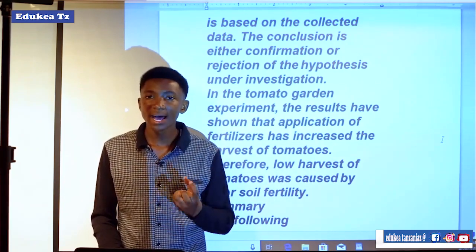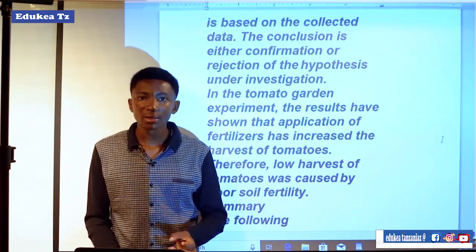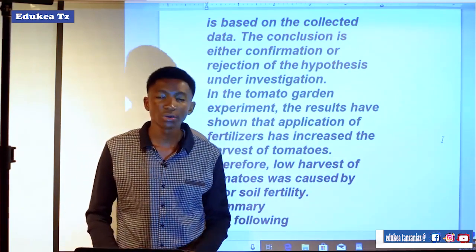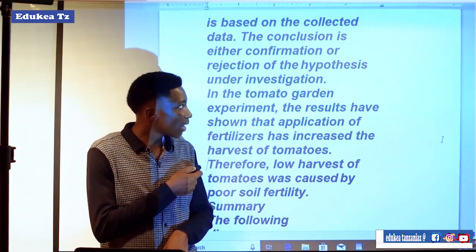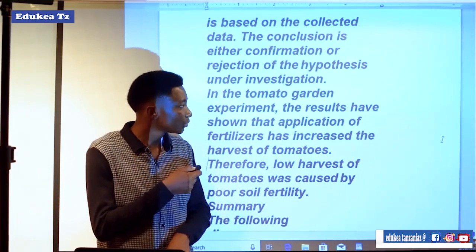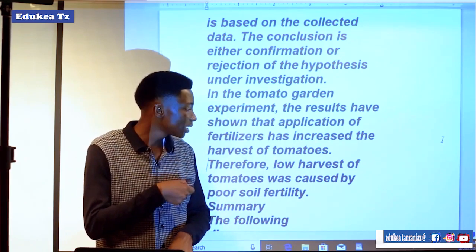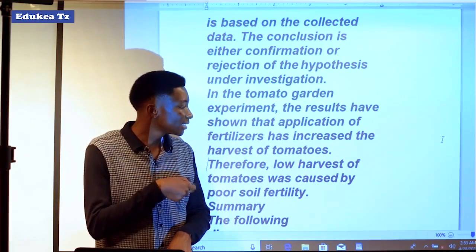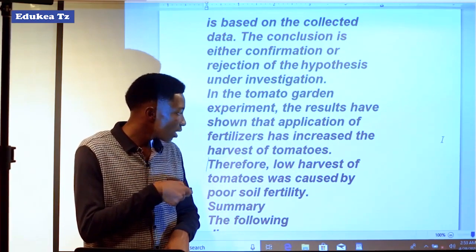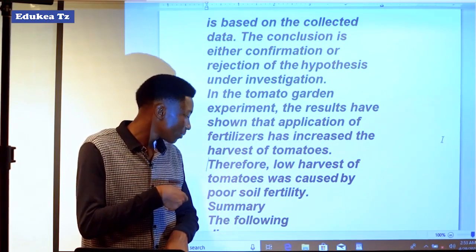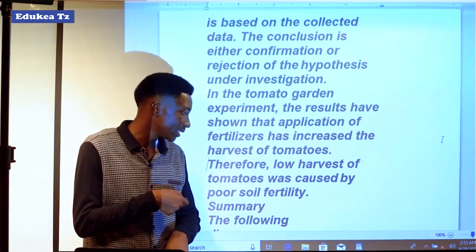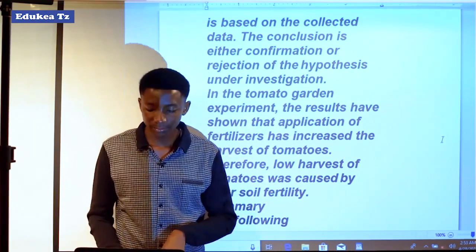After the experiment is done, we come to the conclusion. The conclusion says that the hypothesis was true, and we agree with the conclusion, and the case is that the low harvest of tomatoes in Juma's garden was caused by poor soil fertility. That's how.